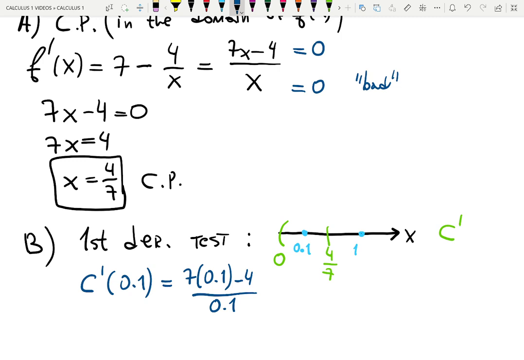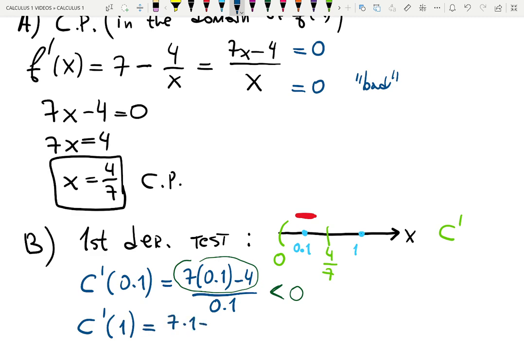Well, when 7 is multiplied by 0.1, it becomes 0.7, and 0.7 is definitely smaller than 4. So it is negative. Thus, the whole result is negative. Thus, I can put the negative sign over here. See, I don't have to actually know the number. It's kind of wasting my time, especially on the test. I would like to be fast, so it's nice to be fast.